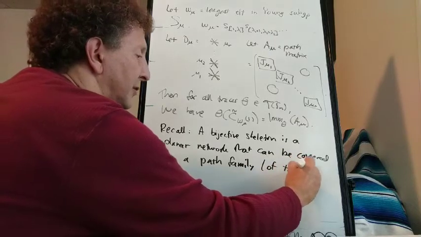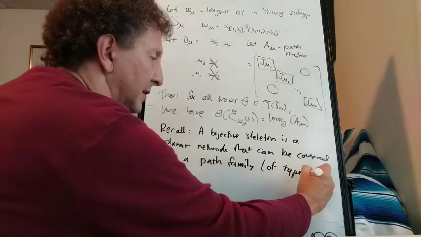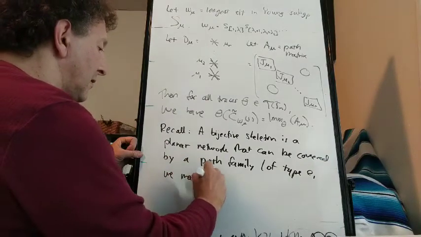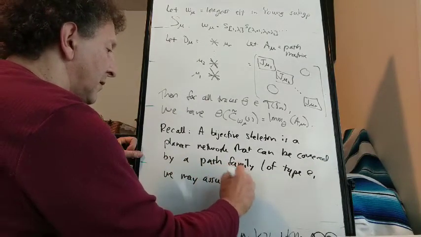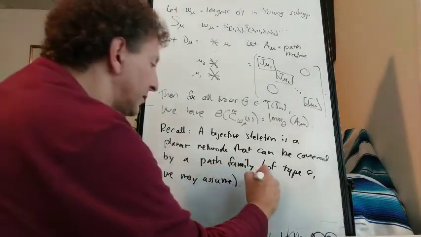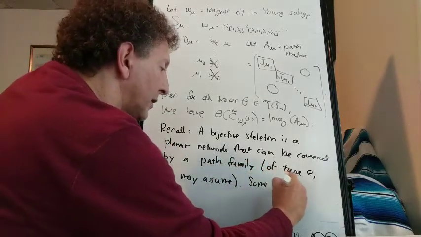And we can assume that this path family has type e. Some edges might be covered twice or more.